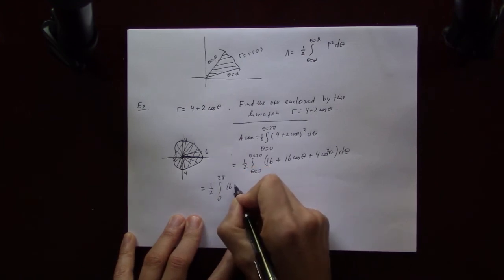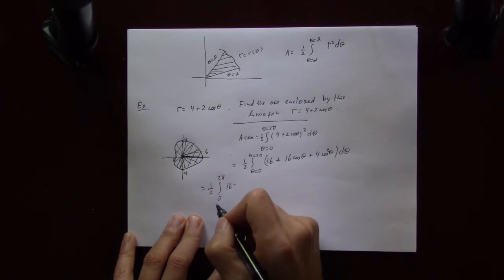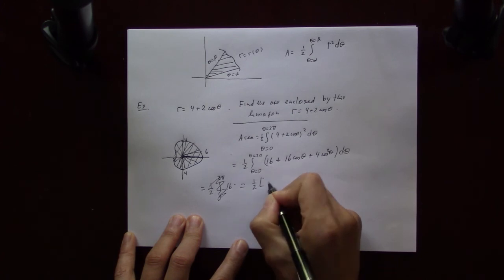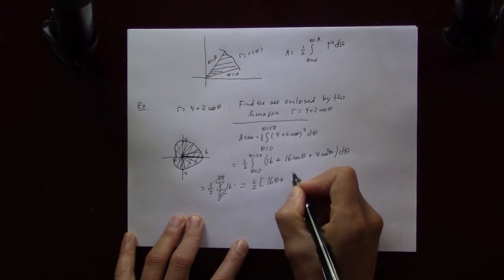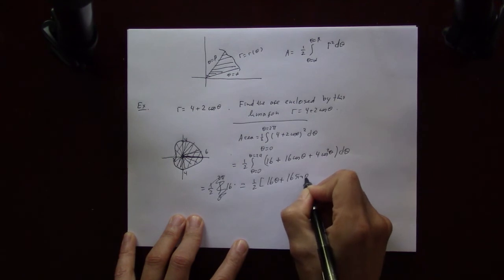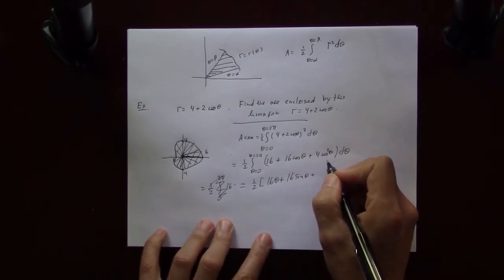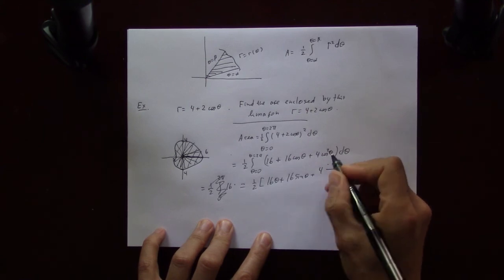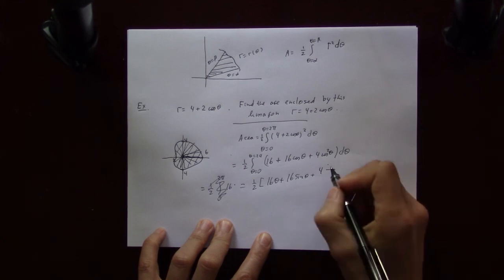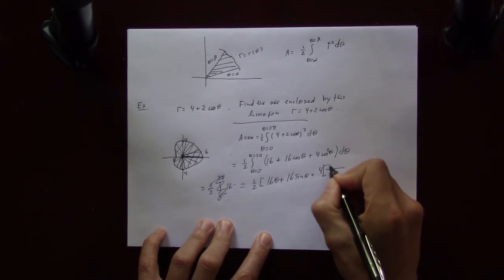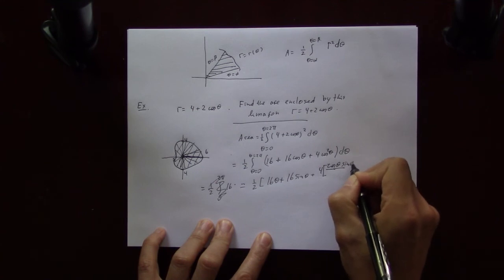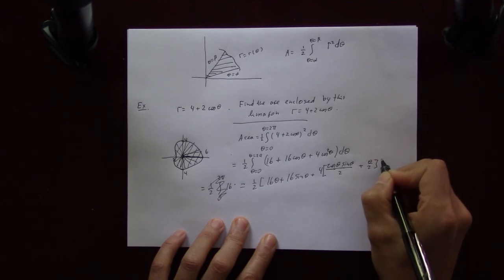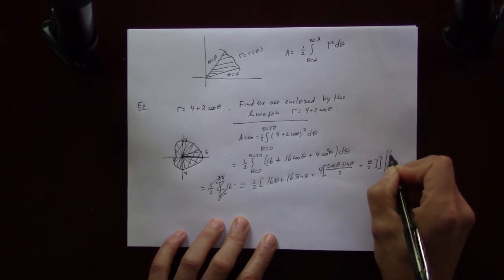The antiderivative of 16 is 16 theta. The antiderivative of cosine is sine. For the antiderivative of cosine squared, I might use the cosine reduction formula with n equals 2, so I'm going to get cosine theta sine theta over 2 plus theta over 2. And we do it from 0 to 2 pi.